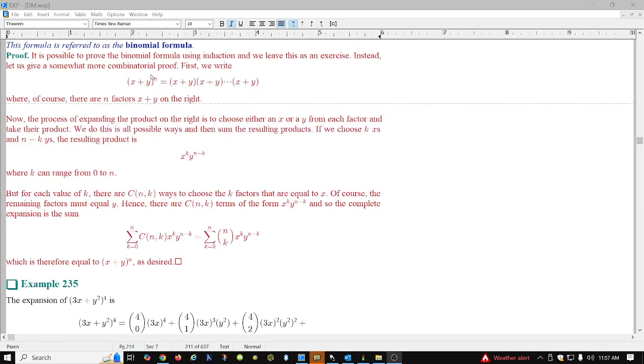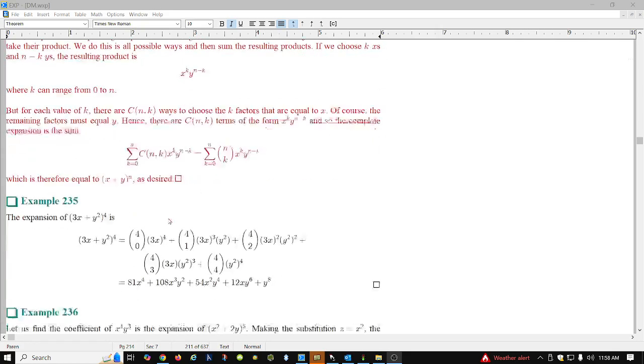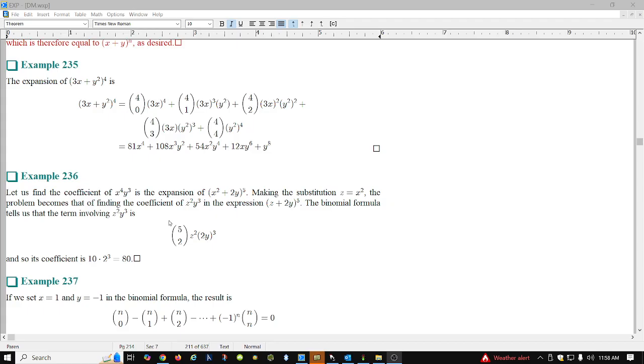And here is a proof of a somewhat combinatorial nature, which I would suggest you think about yourself. Examples, I don't think I need to dwell on this. You can read it for yourself.